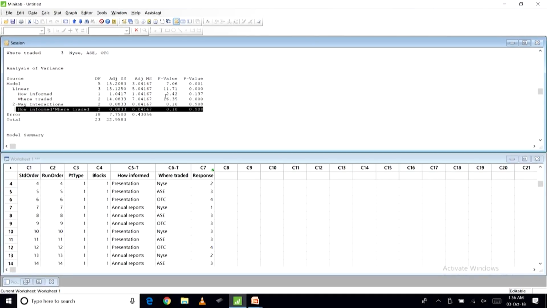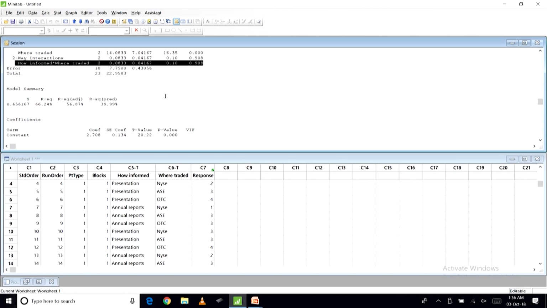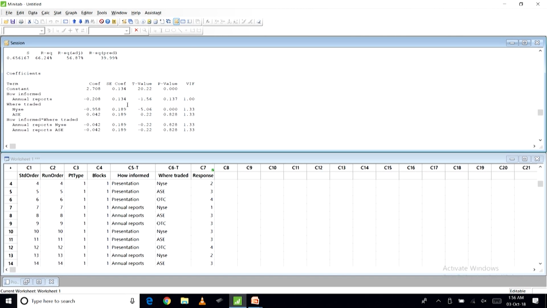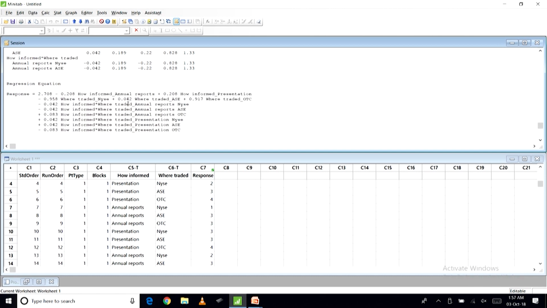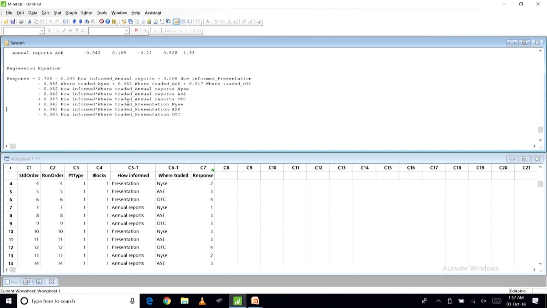You can also get F values, and of course, there is other information. You have got R square, adjusted R square, and so on. In fact, all these things are not needed at this point in time. In fact, you are getting a regression equation as well.